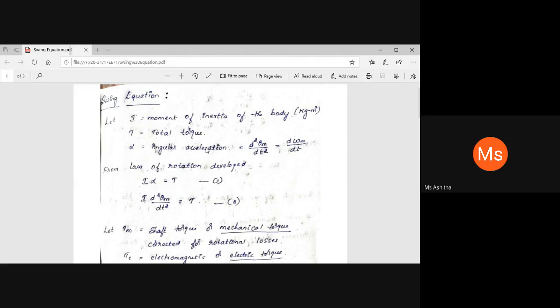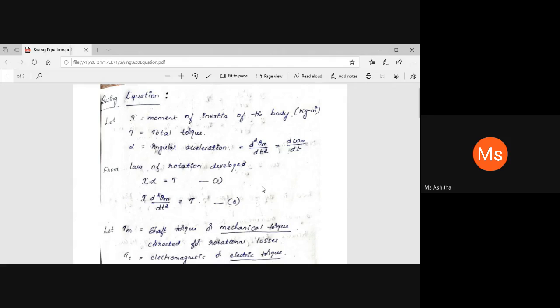From the law of rotation, I can write I into alpha is equal to T. Substituting alpha as d square theta m by dt square, I get I into d square theta m by dt square is equal to T.